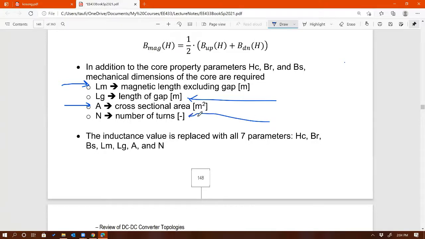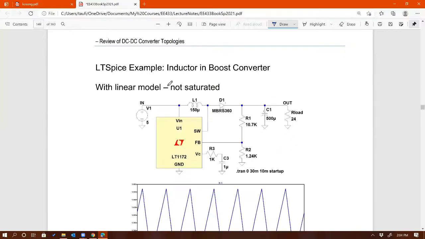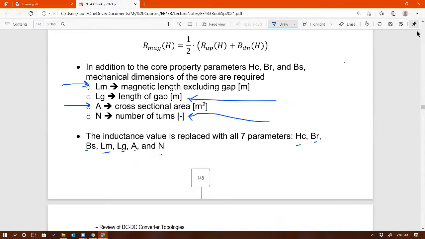You determine that after you go through the design equations for building the inductor, okay? So in total, you have how many? 7, looks like here. 1, 2, 3, 4, 5, 6, 7. 7 different parameters that you need to put in order for you to be able to make use of this hysteretic model. Okay. Any questions on this?